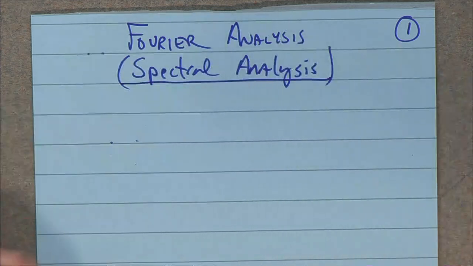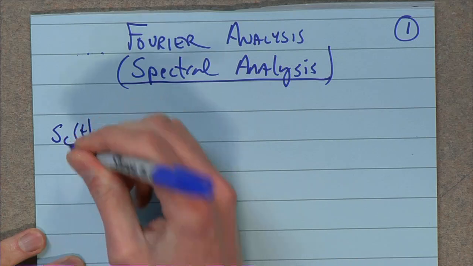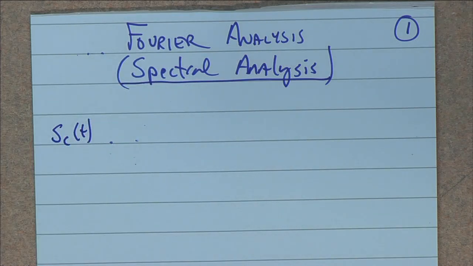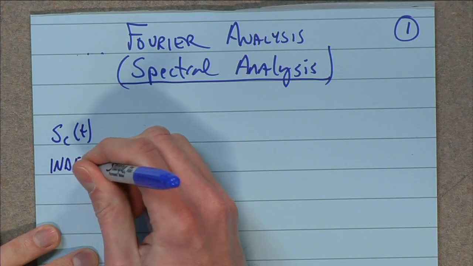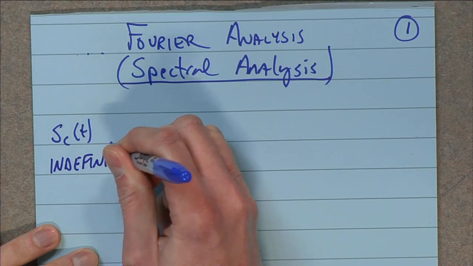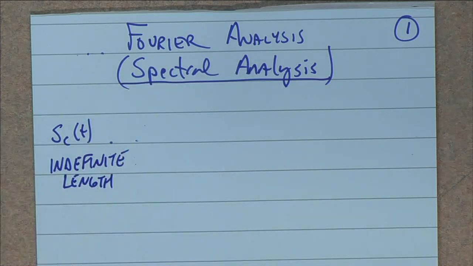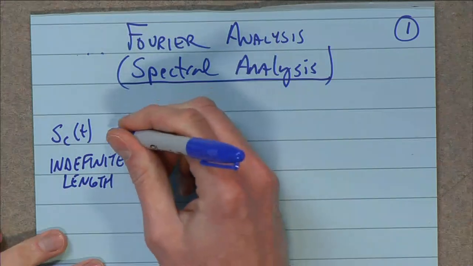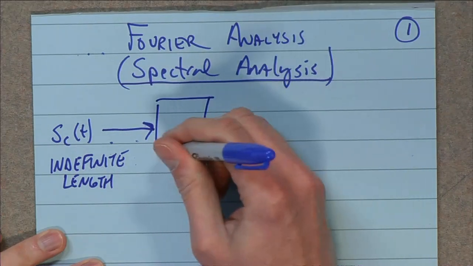So typically how this might work is you'll have some sort of system, a communication system, a radar signal, some kind of signal that's of indefinite length. We'll see later how the length affects things in terms of the windows that we can use, but that's an important piece in all this.